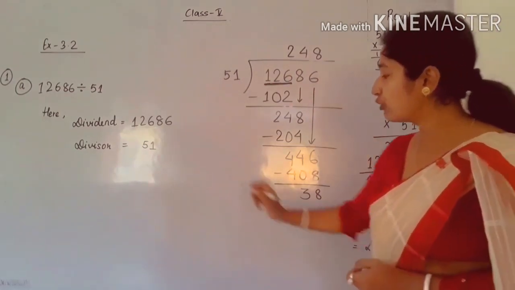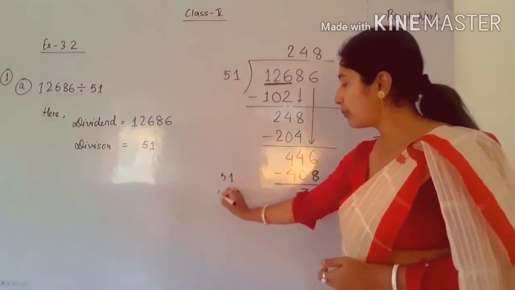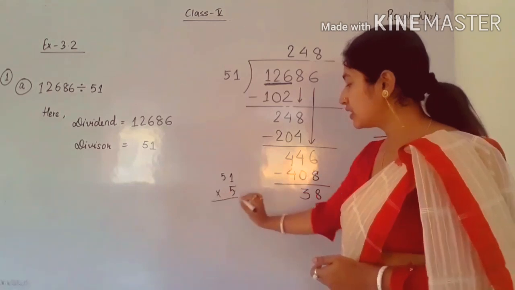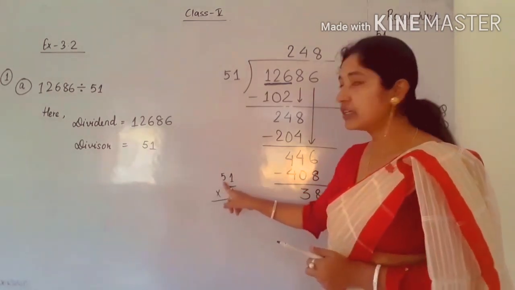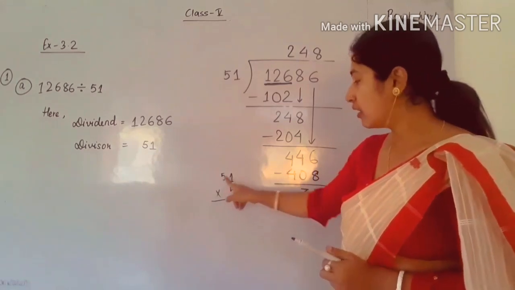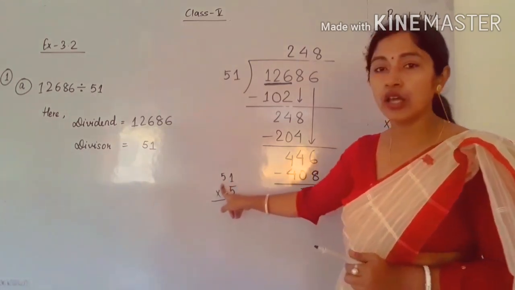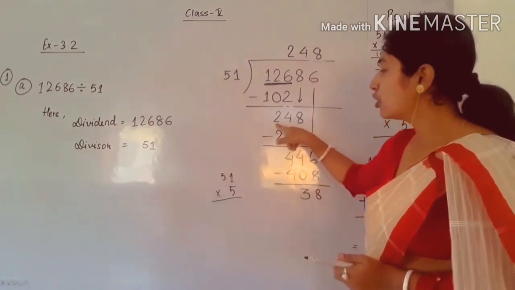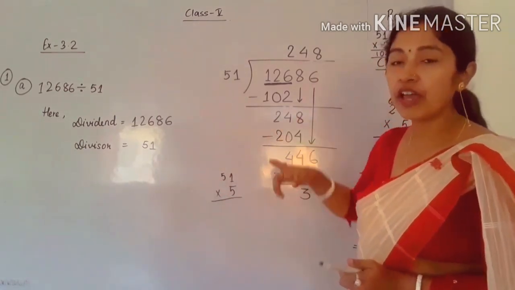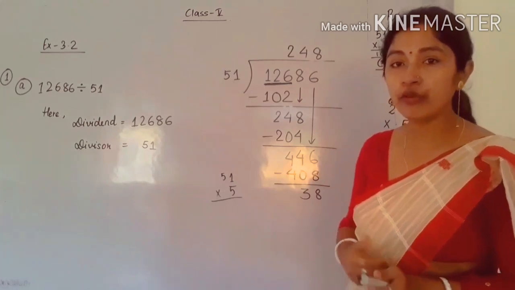Because if we do 51 fives, what will happen? You can check like that also. 5 fives, 5 is in the tens place. So 5 fives are 25. So 25 is bigger than 24.